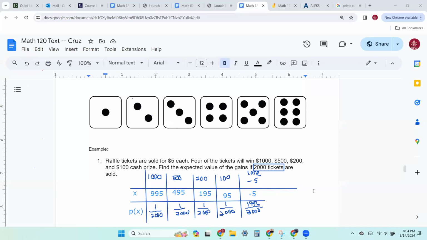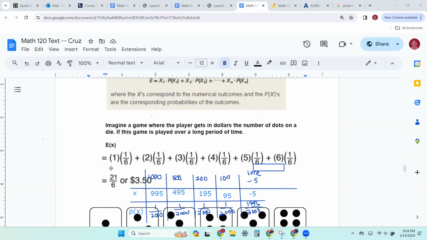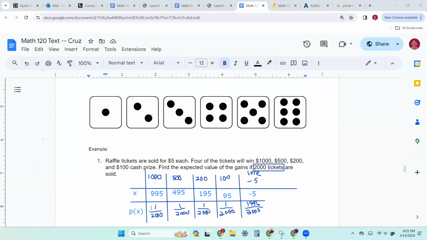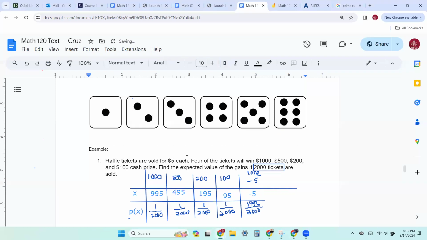All right. So now remember what we did, we just multiplied the outcome times the probability. So now I'm going to try to squeeze in here. I might not have enough room, but I'll get it somehow. I can take this out for a minute. There we go.